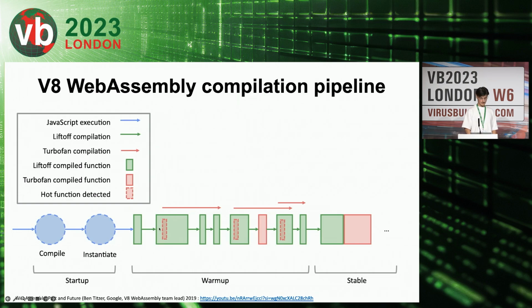When this function is called multiple times, it becomes hot. It means that the function is important, so we need to compile it using the JIT compiler. Turbofan will compile it, and then we can just call the optimized version of it. So this is when all the compilation happens. This is the warm-up phase, and once all the compilation is done, either by Liftoff or Turbofan, the system becomes stable.